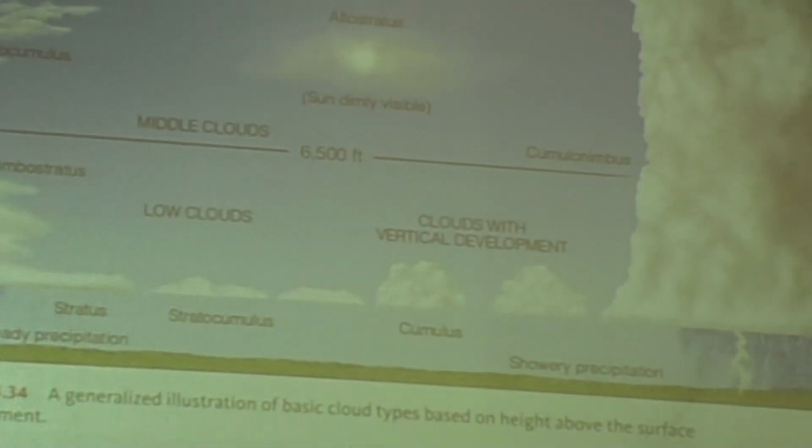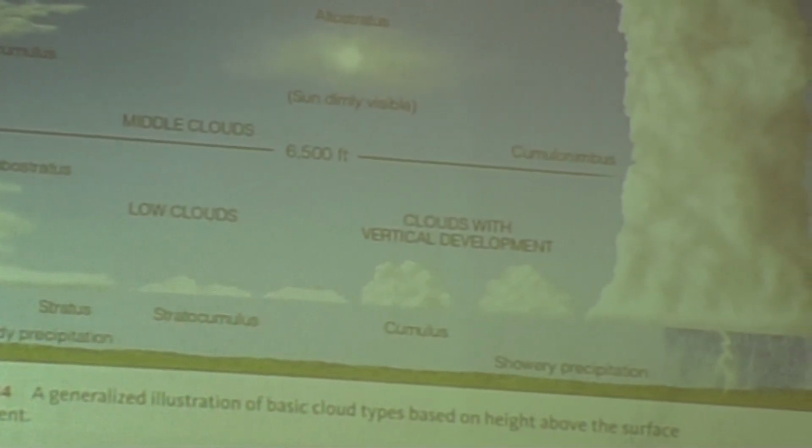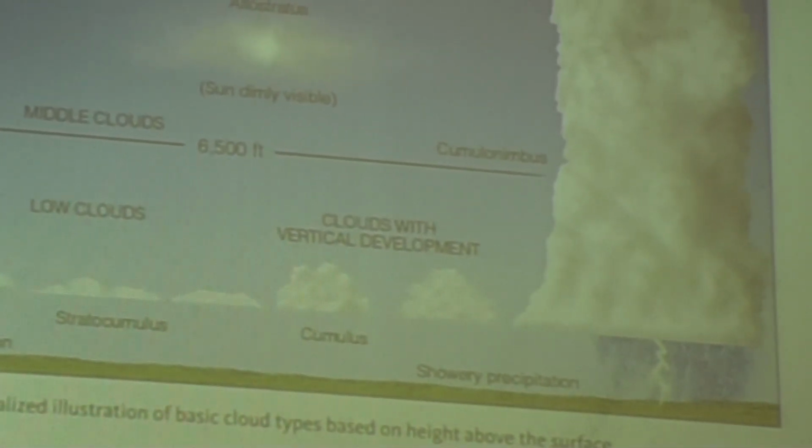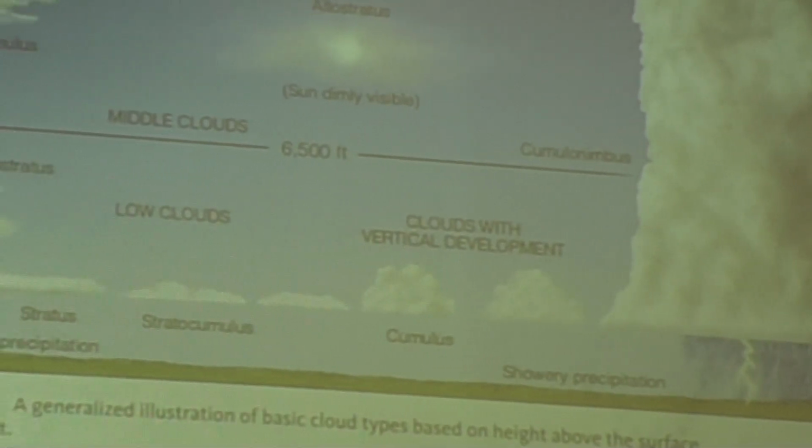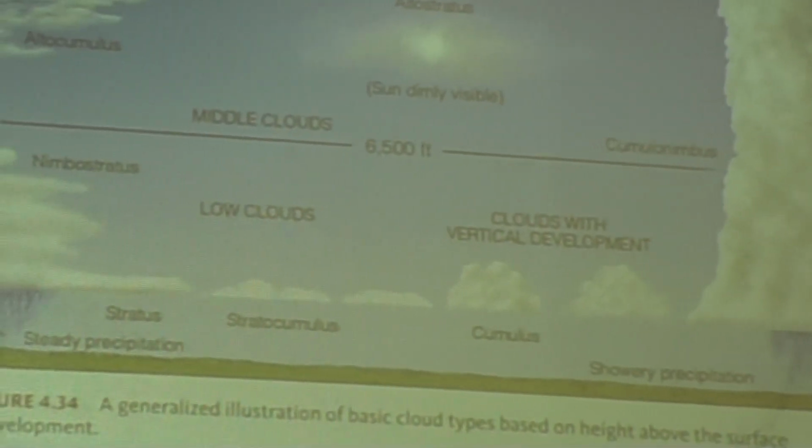Going to more unstable clouds, ones that tend to rise quickly, we have what are called cumulus clouds.